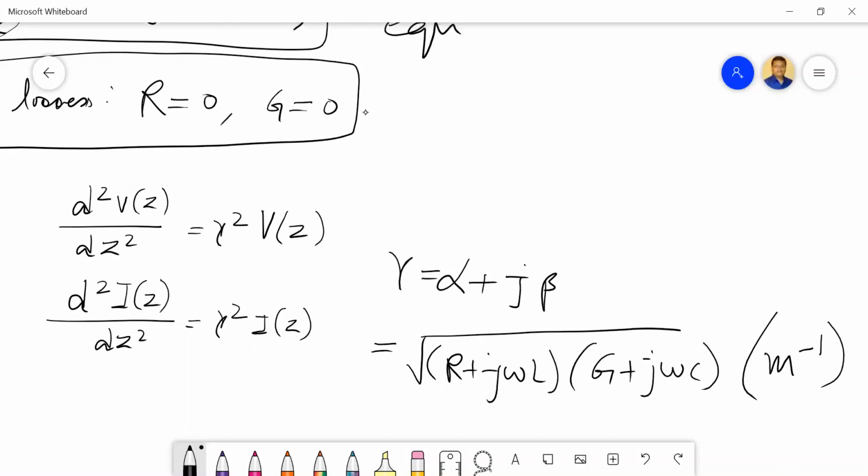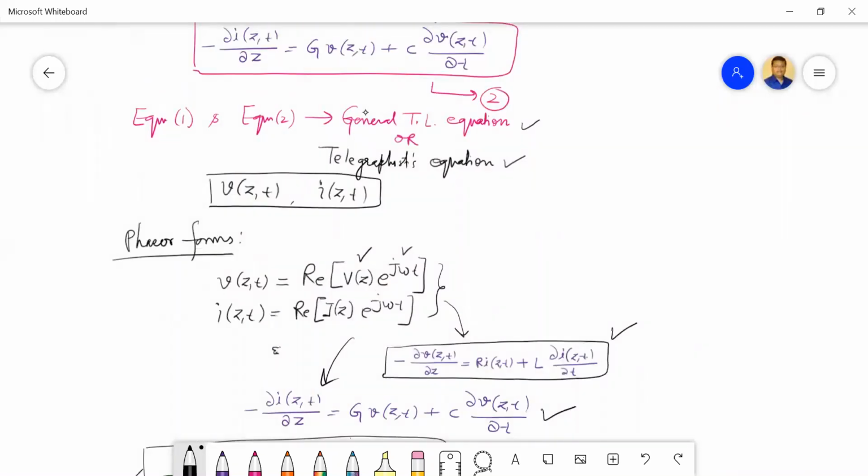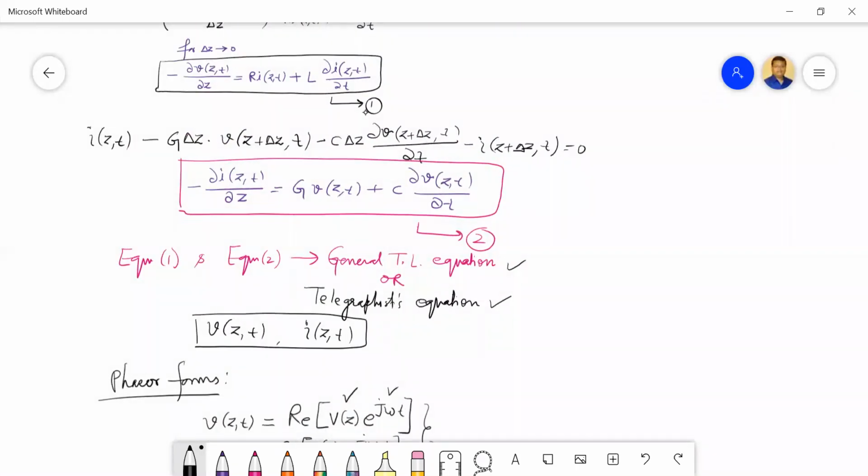Fine. So what we have seen today is that we tried to have the equivalent circuit of the general transmission line. Then we wrote the transmission line equations with the help of applying KVL and KCL.